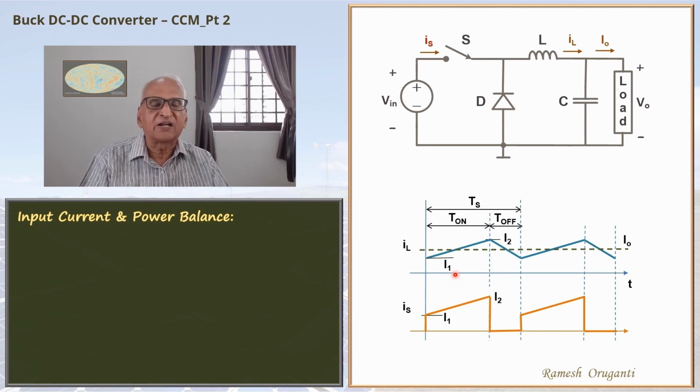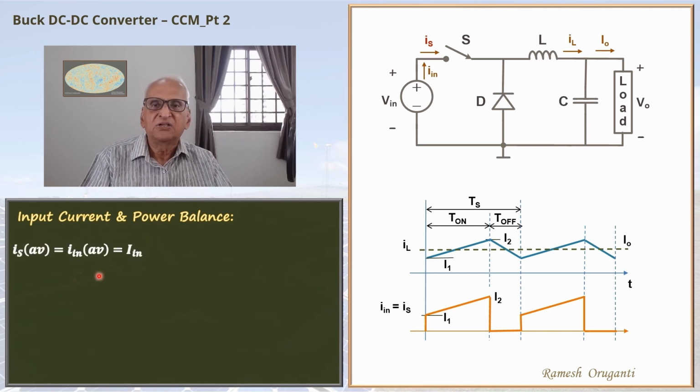Notice that the switch current and the input current are the same in this case because the switch is in series with the source. So the average of the switch current is the same as the average of the input current, which is the DC input current. So I_S average is I_in average equals I_in, that is the DC current.